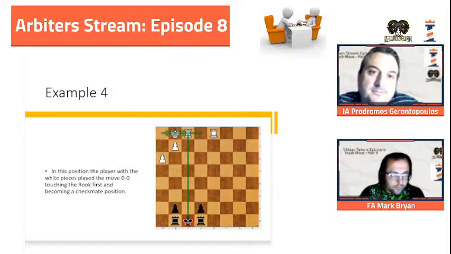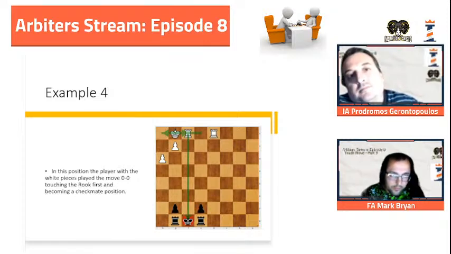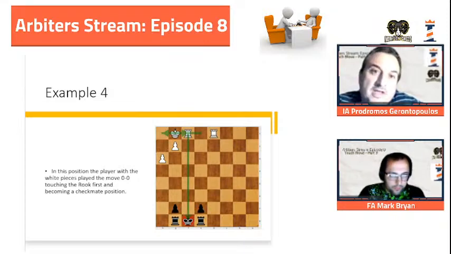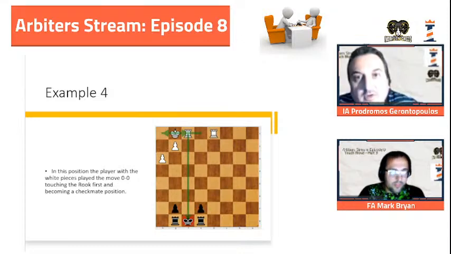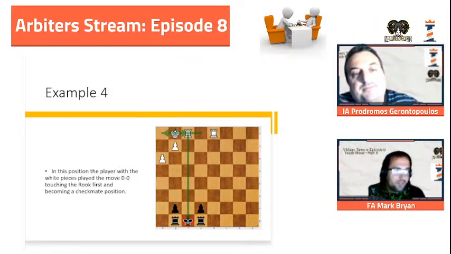Also, the player has to claim it in the right way. If the player does not claim it in the right way, it's not a 50 move draw. Also, if the arbiter is present, he has to do that on the 75th move. Yes, the 75th move.